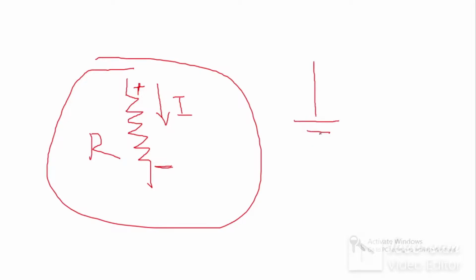Now for a battery we do not have to consider any sign convention, because the battery has its own terminals, plus and minus. The larger line is always positive and the smaller one is always negative. So in a battery we do not bother about the sign of plus and minus because the EMF has its individual sign.